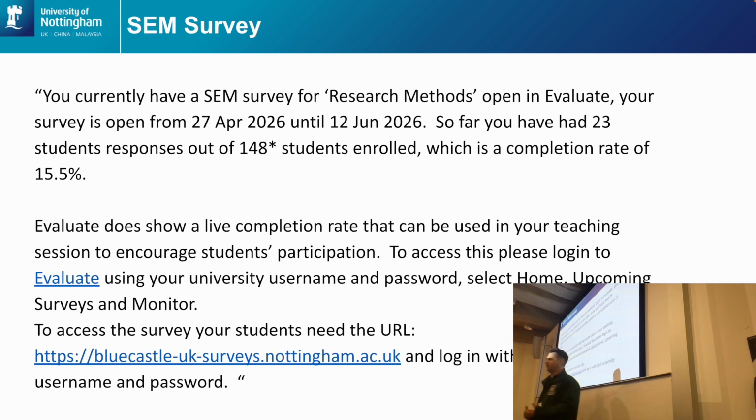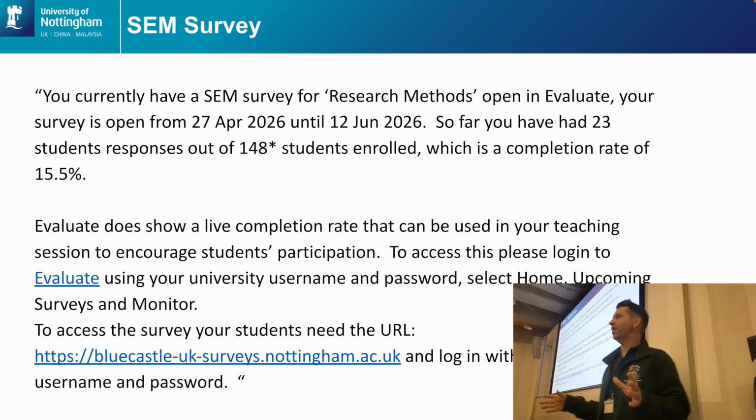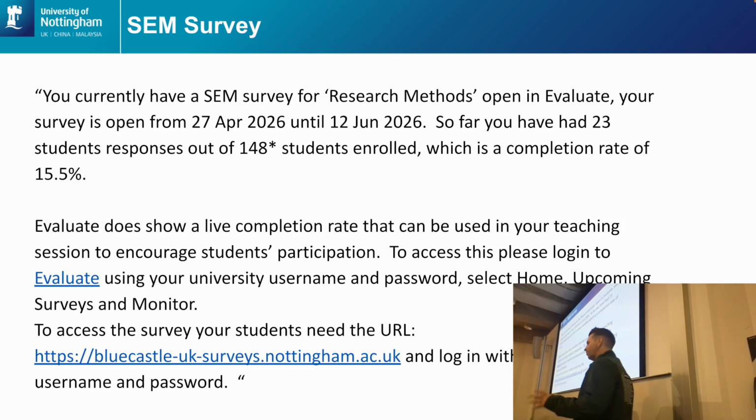A 15% response rate is actually better than the average, probably, for the School of Computer Science, not the other schools. For some reason, the other schools get higher response rates. Computer science gets low response rates. Okay, any questions?